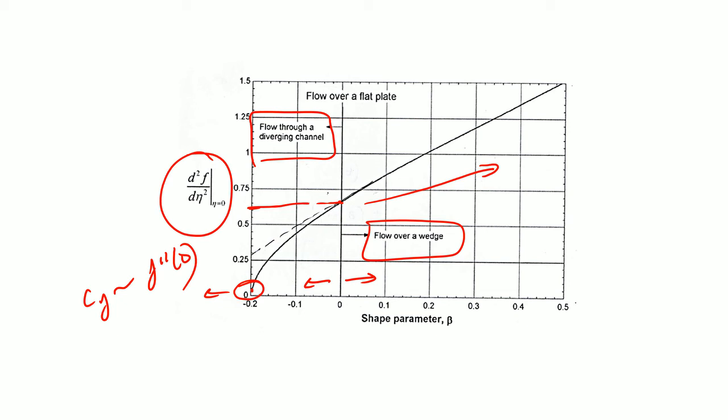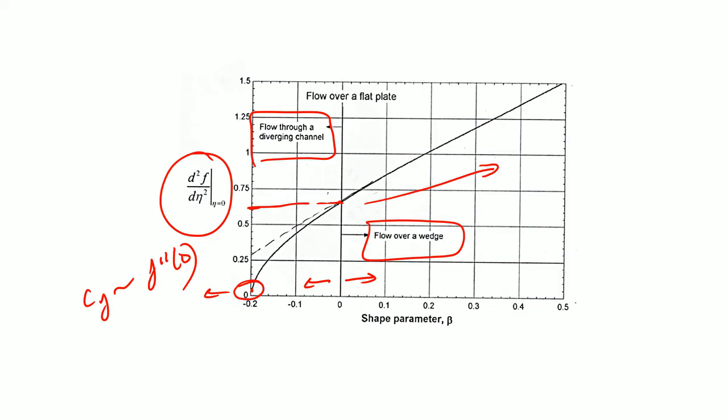So, it is very much like the suction and blowing, except that here the boundary layer thickness is varied just by changing the channel wedge angle, and we are able to get these extraordinarily nice profiles.